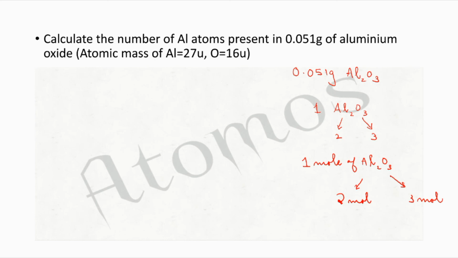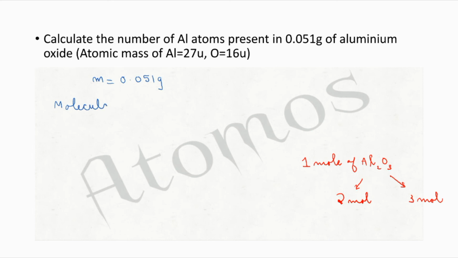To do the problem, first you will have to find out how many moles are present in 0.051 gram of aluminium oxide. Given mass of aluminium oxide M is equal to 0.051 gram. What will be the molecular mass of aluminium oxide?